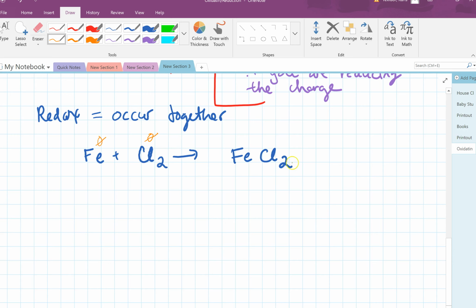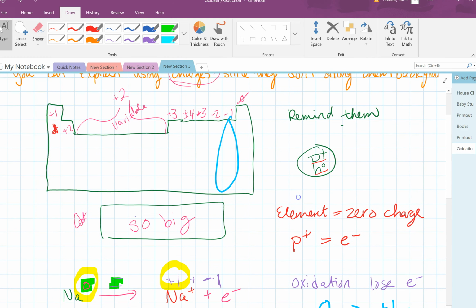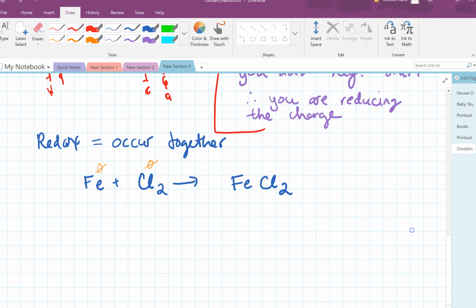And then over here, you have a compound, so you have to look at what the charges are to put the compound together. Iron is technically here. And so again, you can tell them unless otherwise stated, it's a +2 charge. In this case, it is a +2. And chlorine, even though there's two of them, one chlorine has a -1 charge there.